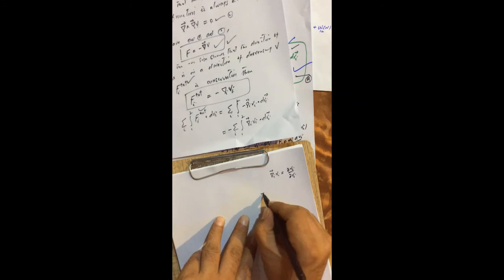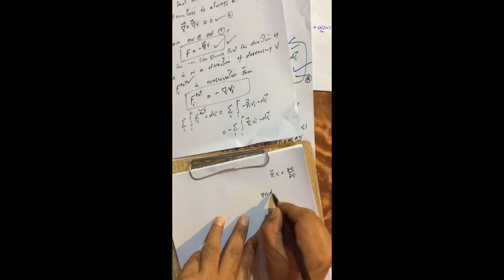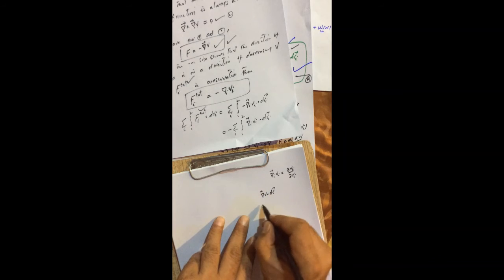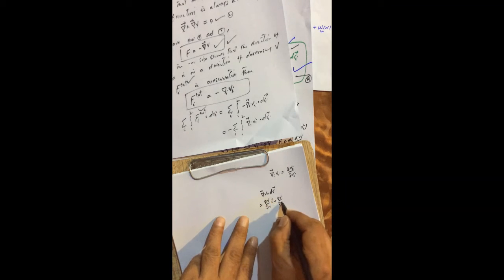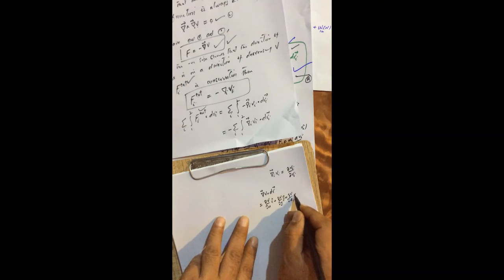Now del V dot dr. Del V is partial V over partial x into i plus partial V over partial y into j plus partial V over partial z into k.